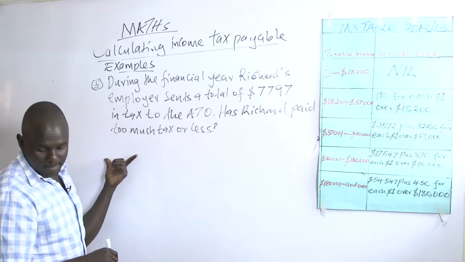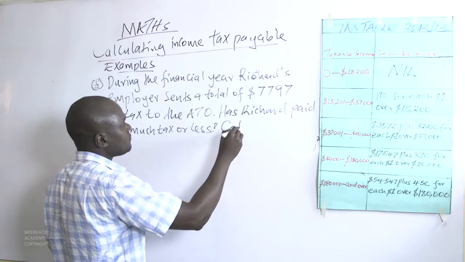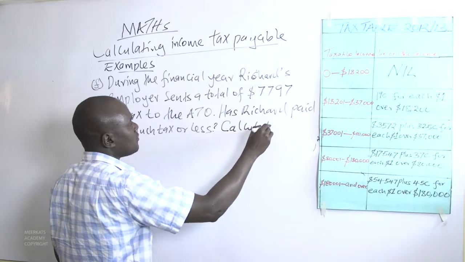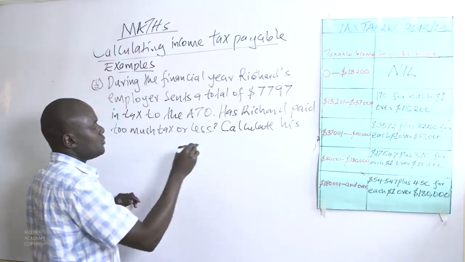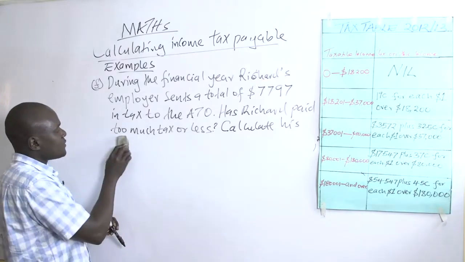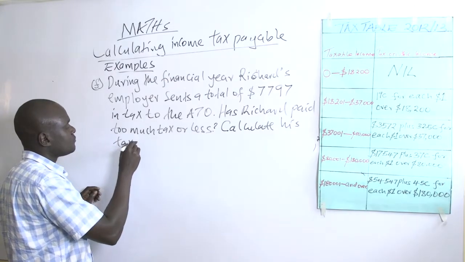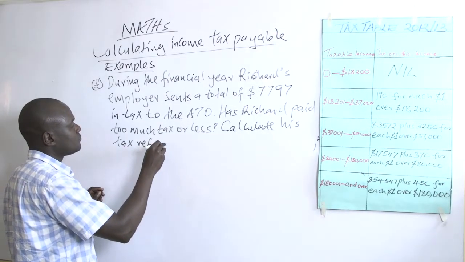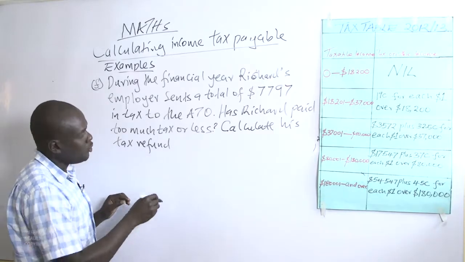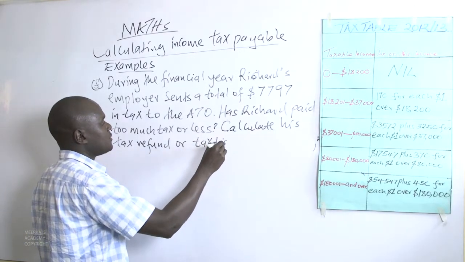If he has paid too much, then we need to calculate his refund. We call it tax refund. Or tax liability.